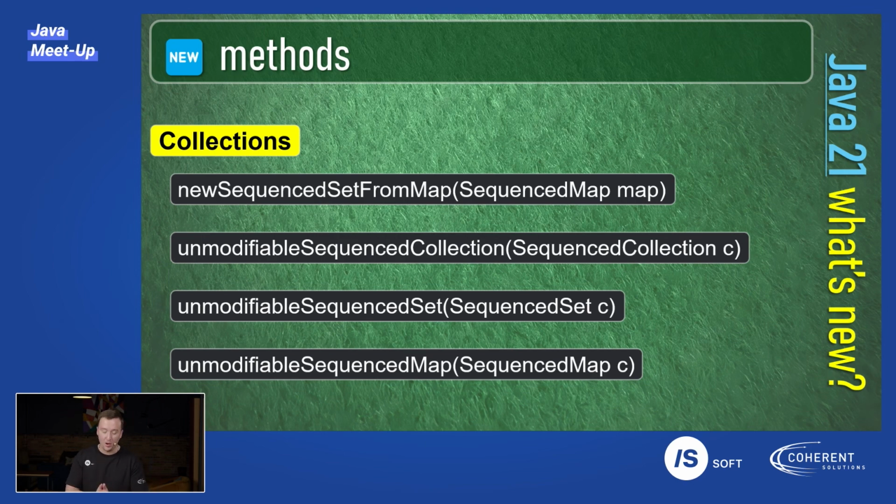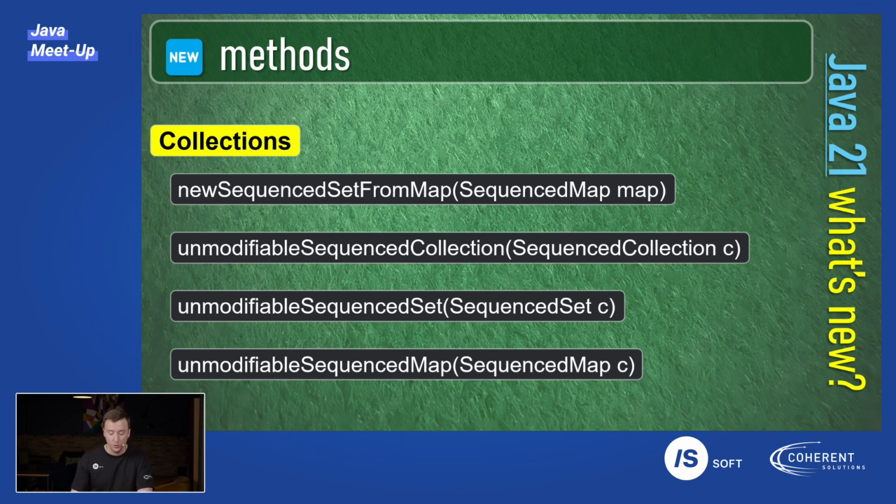Now we will talk about new features and new methods that were implemented within the new version of Java. As I mentioned before, we now have new sequenced collections, sequenced set, and so on and so forth. And for me, while I was preparing this presentation for you guys, it was a discovery that before we had the newSetFromMap method, which was introduced in Java 1.6.